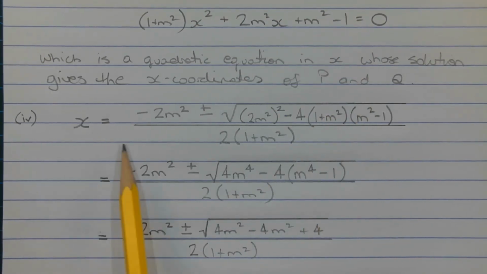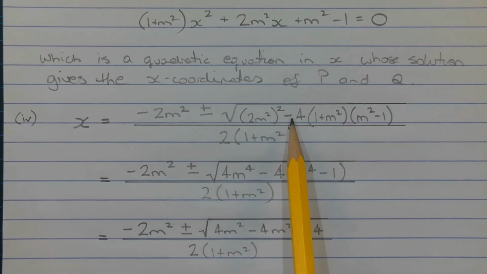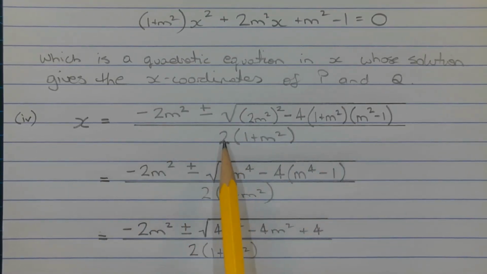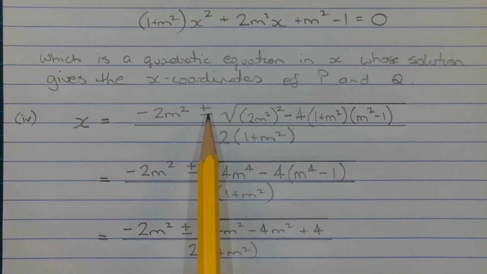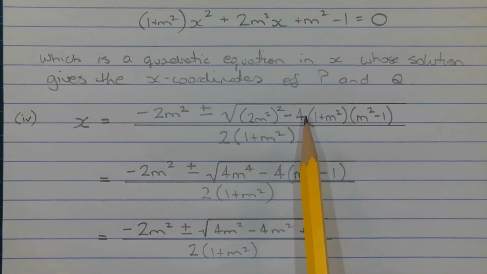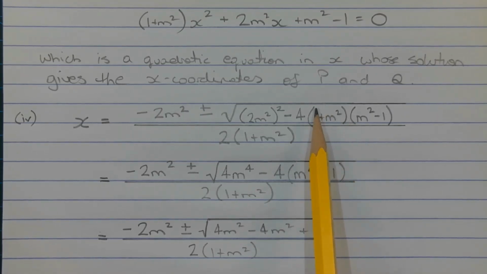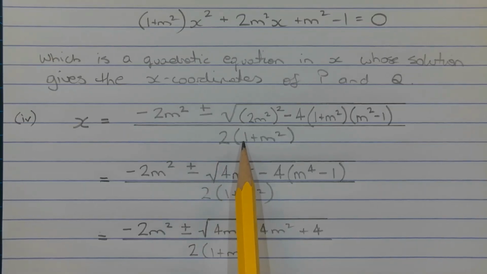We have x equals negative b plus or minus the square root of b squared minus 4ac all over 2a. So x equals negative 2m squared plus or minus the square root of (2m squared) squared minus 4 times (1 plus m squared) times (m squared minus 1), all over 2 times (1 plus m squared).